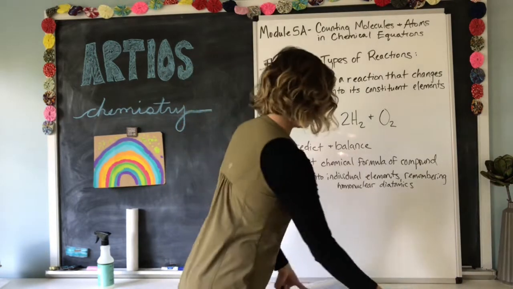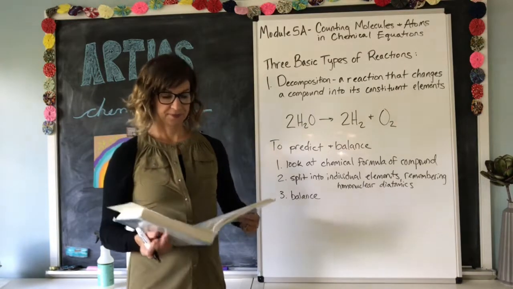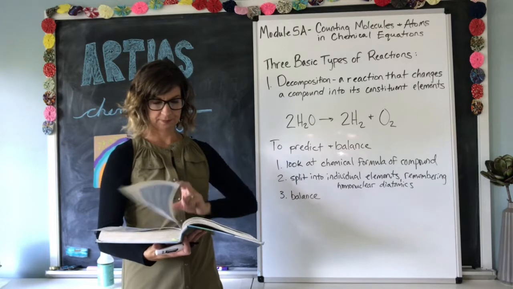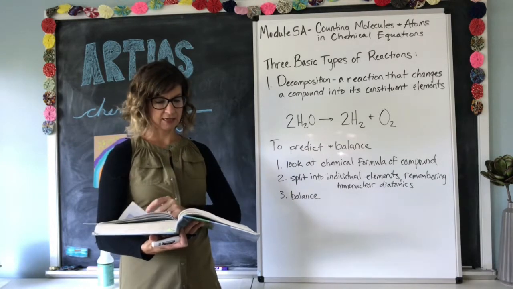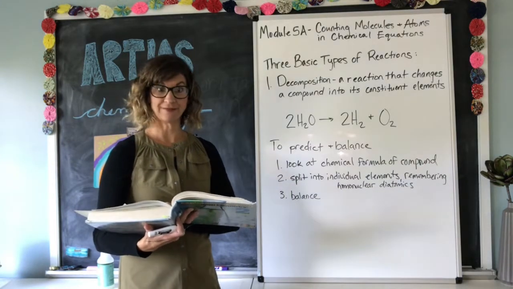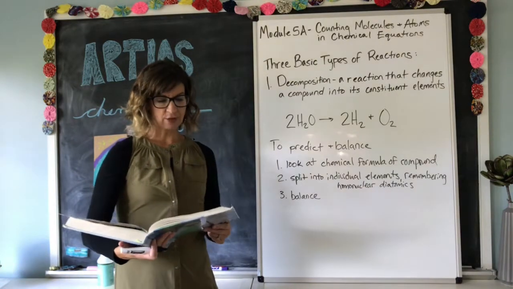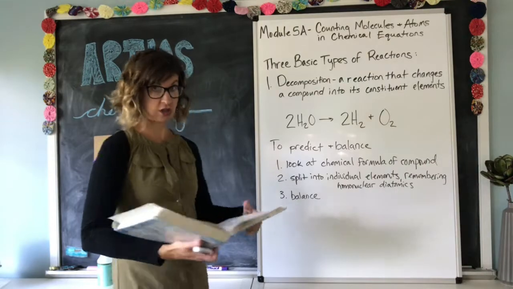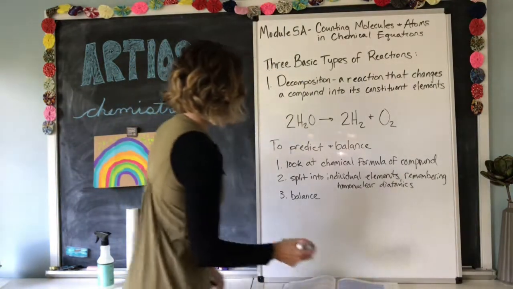Okay, so let's take a look at an example in your book. Example number 5.1, which is on page 134. Write the chemical equation that describes the decomposition of ethanol.